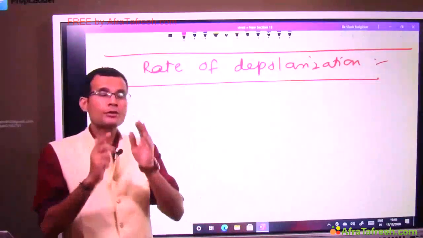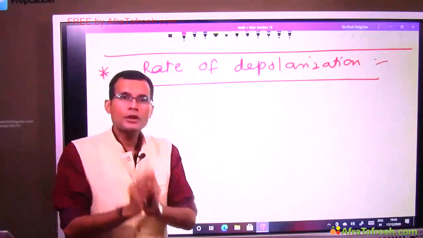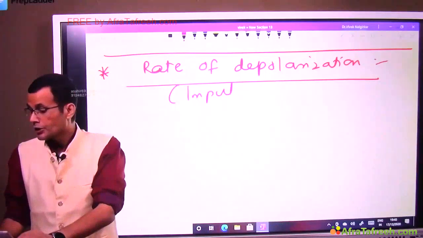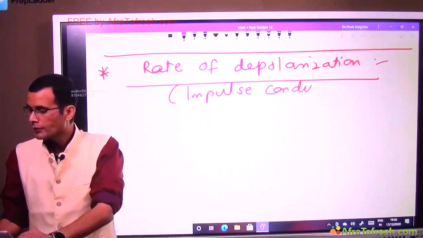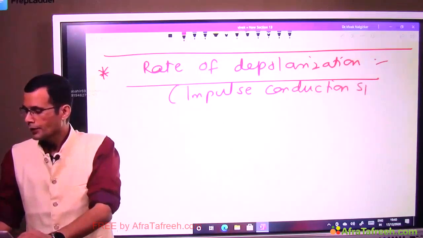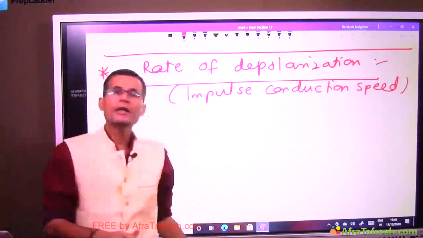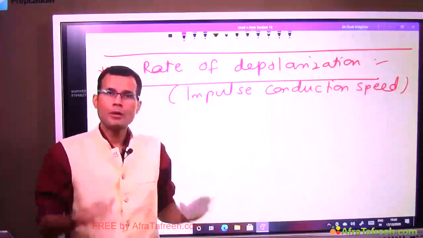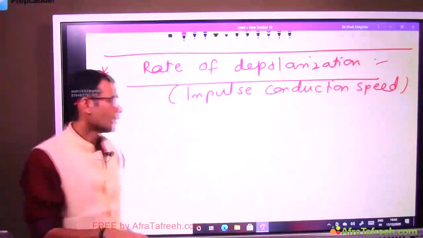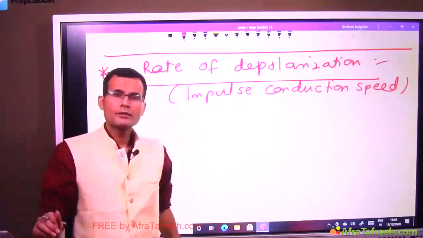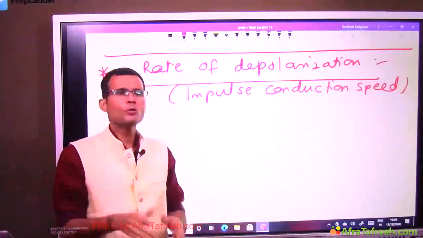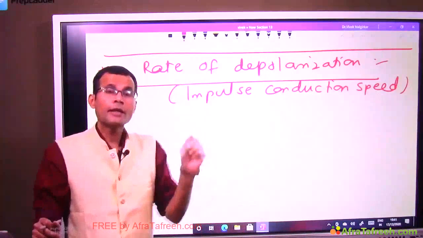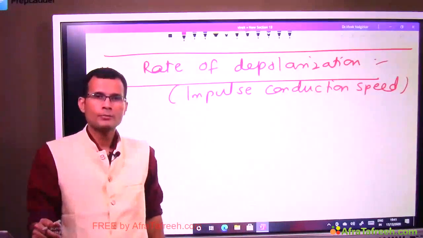Rate of depolarization decides the impulse conduction speed. Conduction speed of an impulse is decided by the rate of depolarization of the cells in that part. I mean, for an impulse generated at the SA node, how fast or slow it will go through one part will depend on the rate of depolarization of those cells.